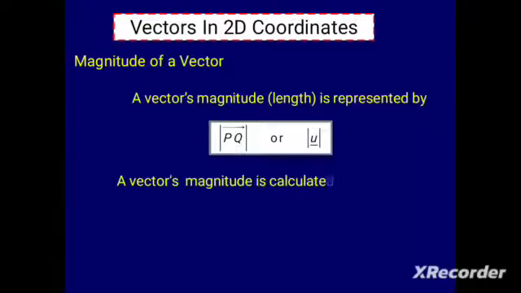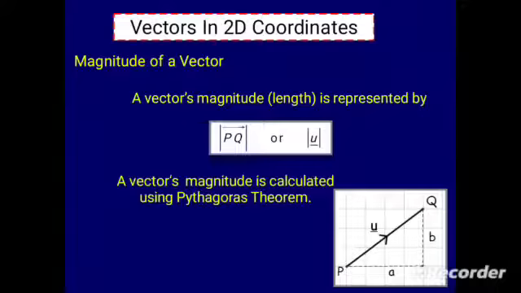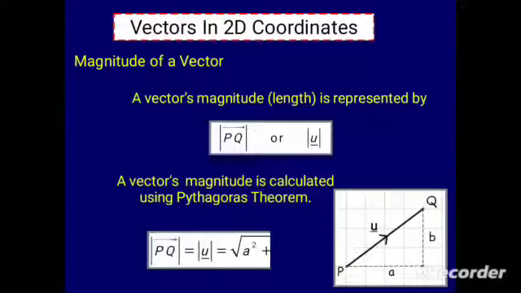Now, a vector's magnitude is calculated using Pythagoras theorem, and this can be illustrated below. We have vector PQ, which is given as vector u with the underlined letter u, and we are supposed to find the magnitude of vector PQ.